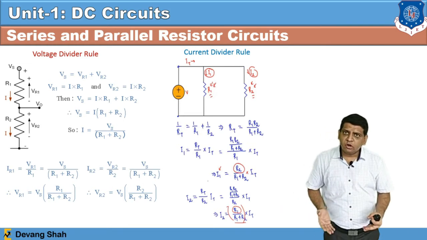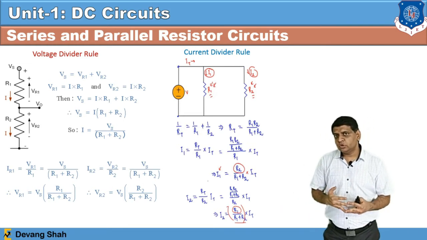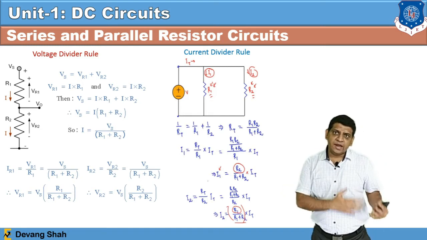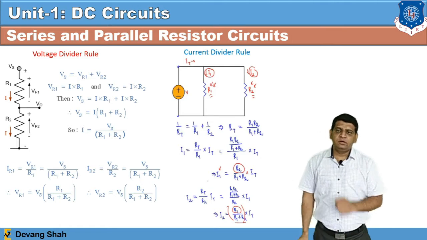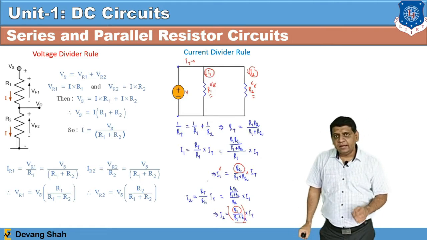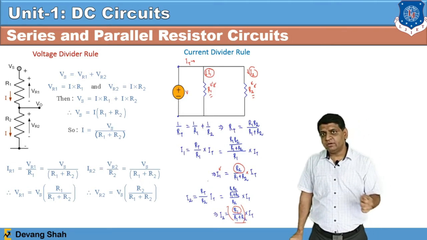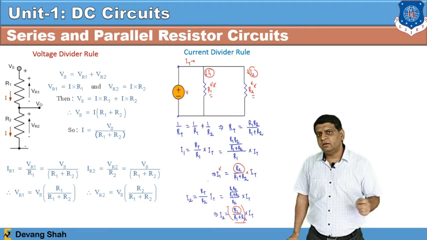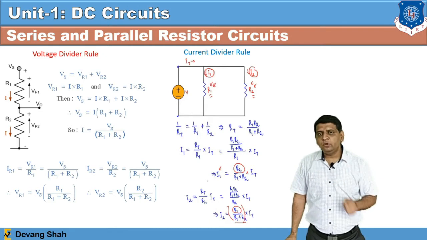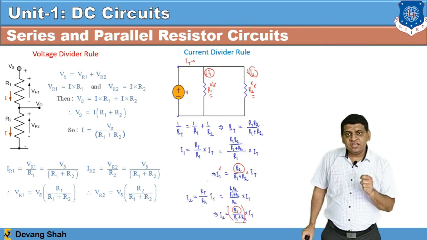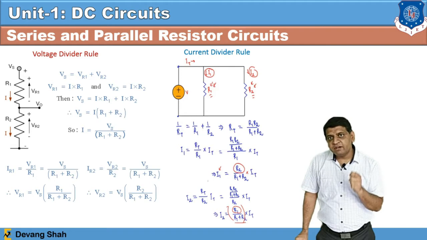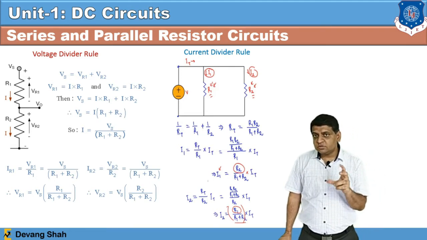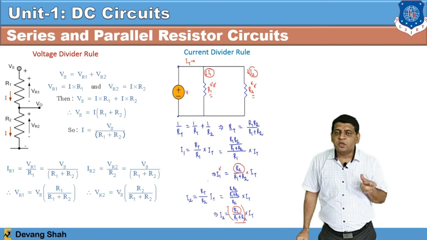Now once you apply Ohm's law again and take the ratio of total current I versus I1 or total current I versus I2, you will find I1 divided by total current IT is equal to V by R1 divided by V by RP, and that RP is called the equivalent parallel resistance. Once you solve this equation, you will find I1 is equal to R2 divided by R1 plus R2 into total current IT.